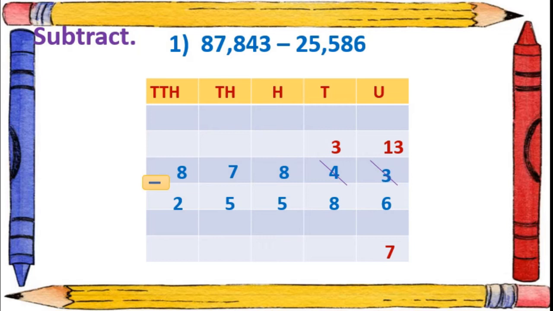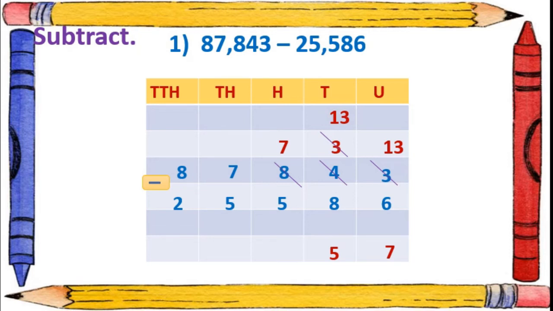Now again in the tens column, 8 tens we cannot subtract from 3 tens. So again we will untie 8 from the hundreds place. Then it gives 10 tens and it becomes 7 hundreds, correct? So 10 tens plus 3 tens is equal to 13 tens. Here 13 minus 8 is equal to 5.